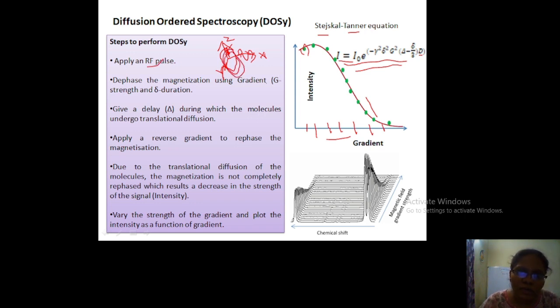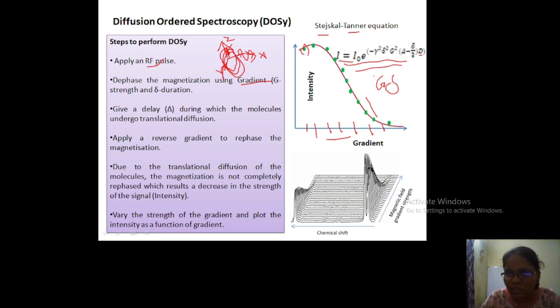In the next step, you apply a field gradient and you dephase the magnetization vector, because all the magnetization vectors start precessing with different frequencies, so there will be a dephasing of the magnetization vectors. Let me tell you one important thing. The strength of the gradient is characterized by two parameters: one is g and the other is small delta.